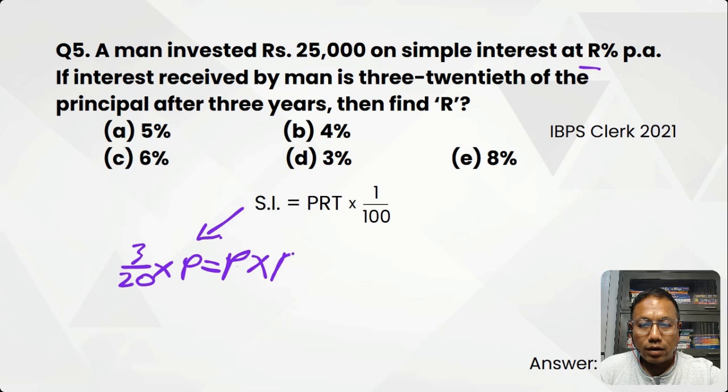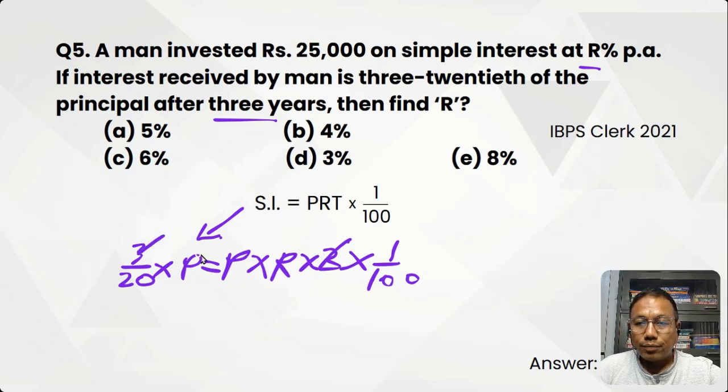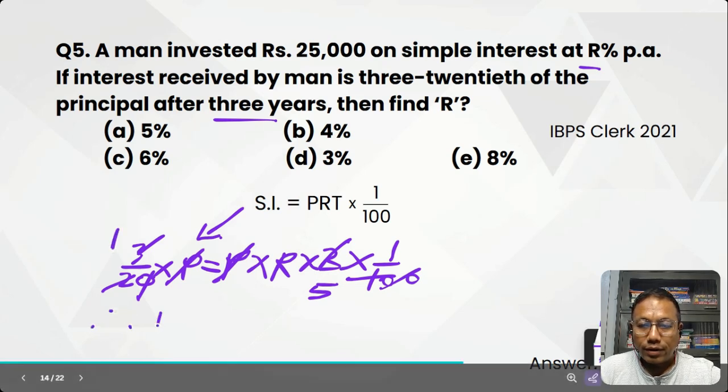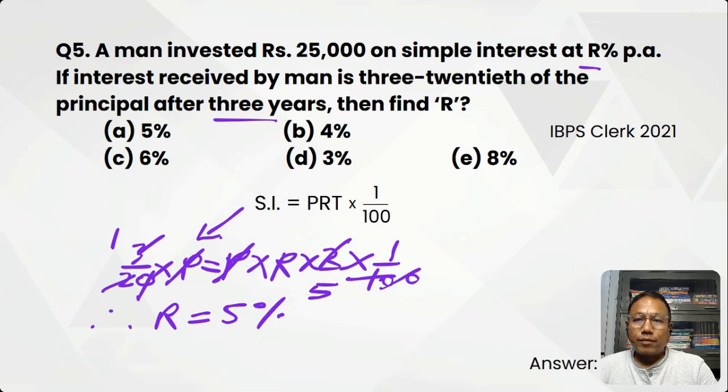R. We have to find R. What is time? 3 years, into 1 by 100. Cancel it. 3 cancel. PP cancel. 0 cancel. 2 5s are 10. We have 1 here. Cross multiply. R is equal to 5. 1 is 5%. Option A is the right answer.